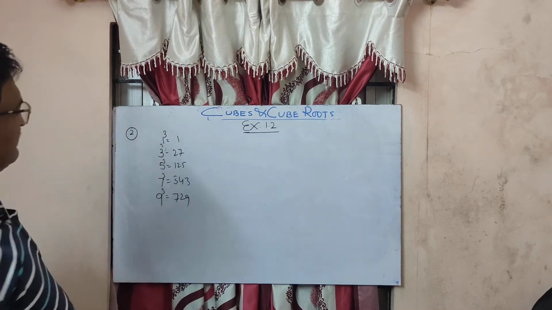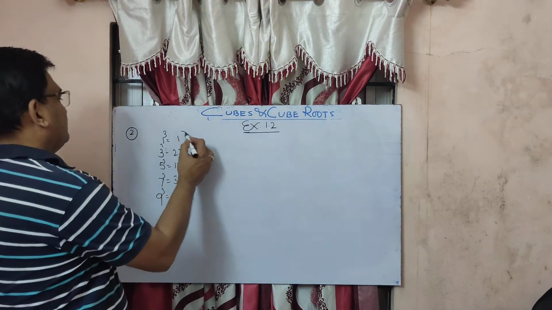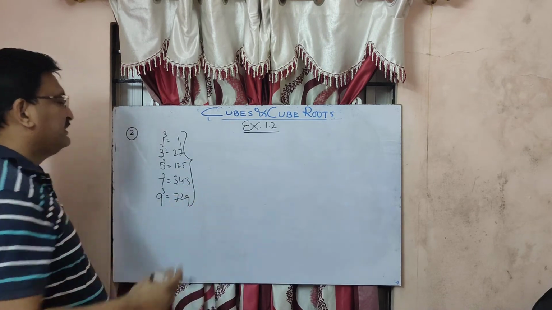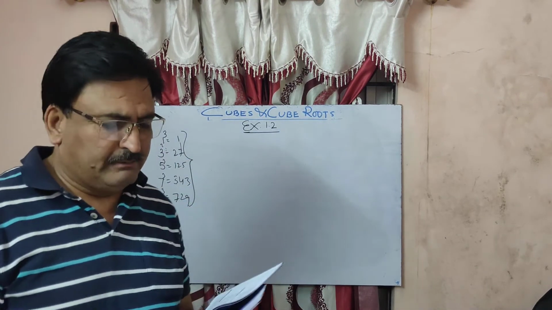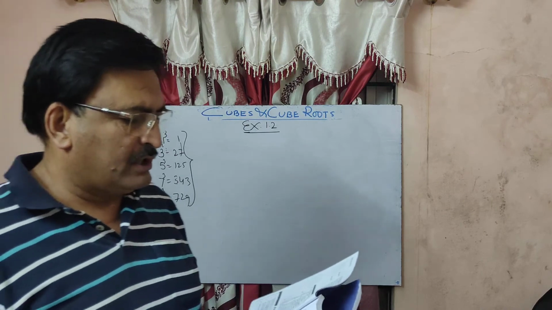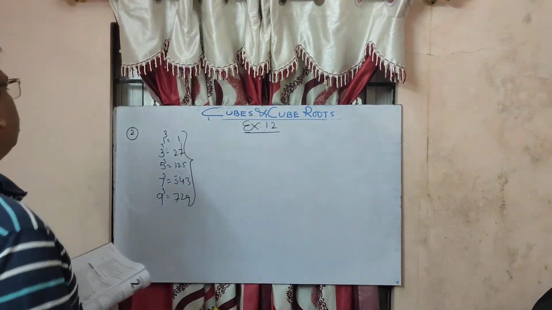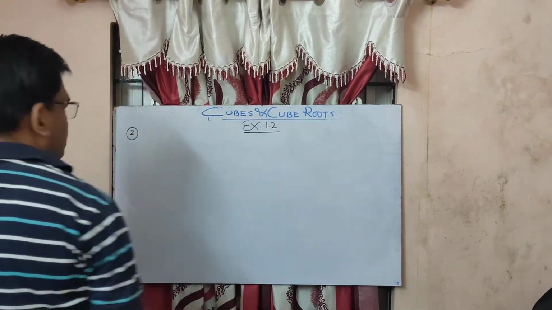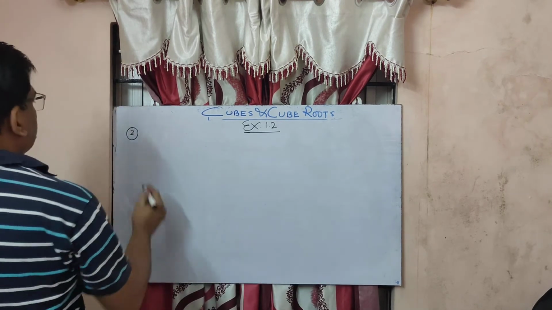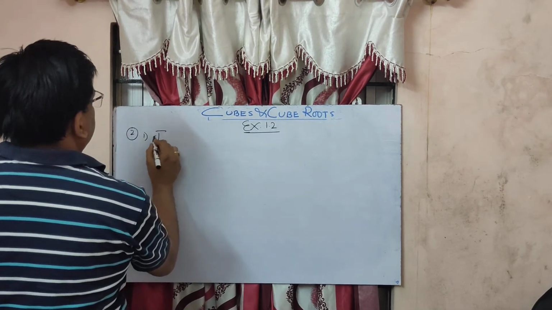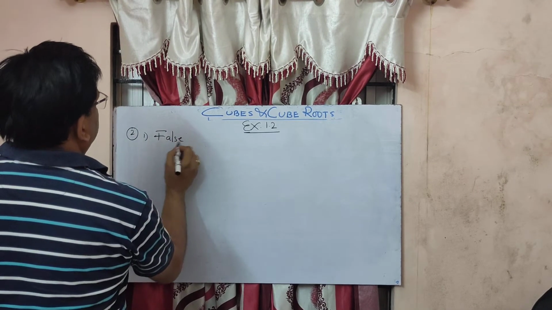So by looking at this, all these numbers are odd numbers only. So cube of any odd number is even is false. The first one is false.